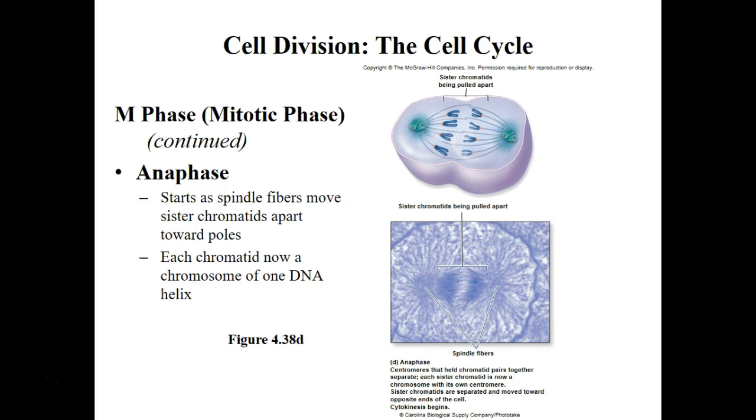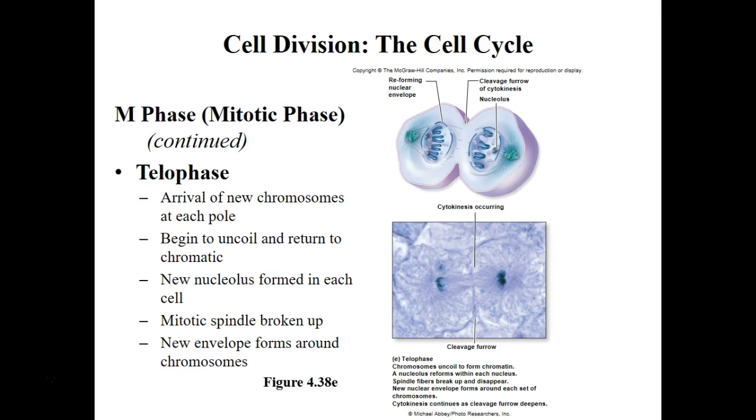And then we go through cytokinesis and telophase. So telophase occurs when the sister chromatids from each of the chromosomes start to uncondense, forming chromatin again, and a newly formed nuclear envelope surrounds each of the new nuclei for each side.